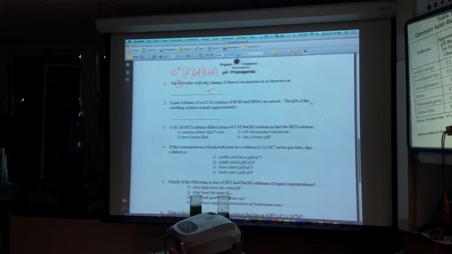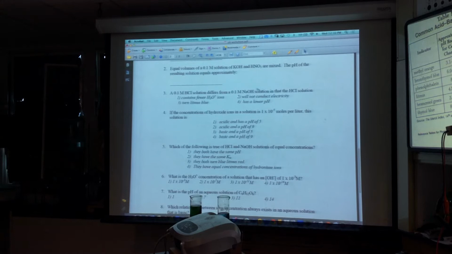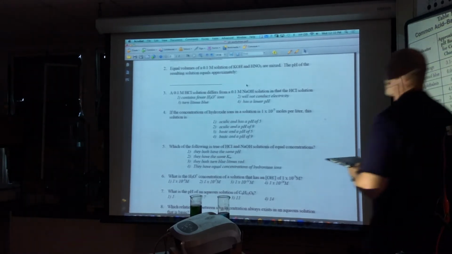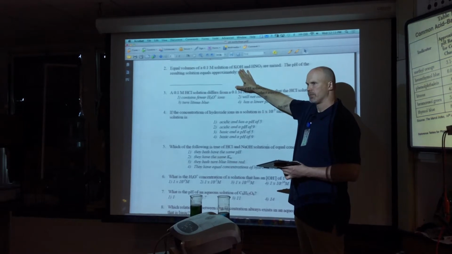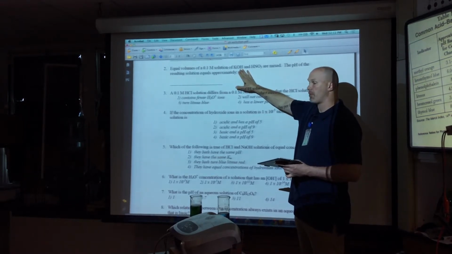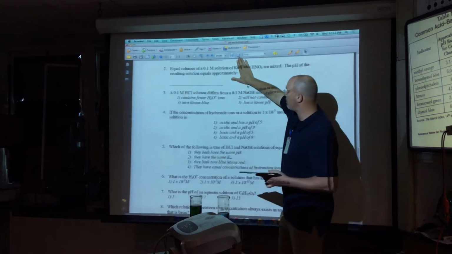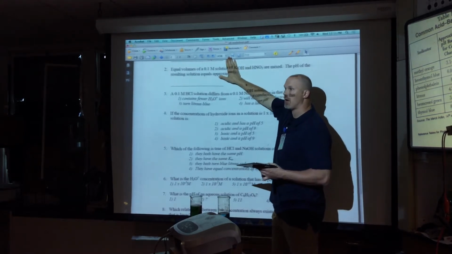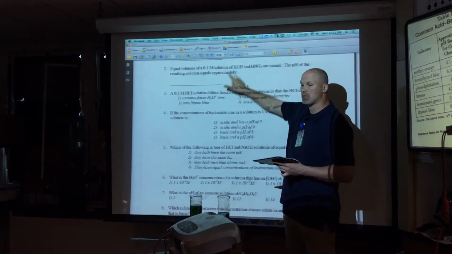Okay, now here come the real questions. Number 2: equal volumes of KOH and HNO3. At this point, you should be able to recognize what kind of compound KOH is. From previous units, it's a salt. It's ionic: K+ and hydroxide ions stick together. This specific type of salt, though, produces hydroxides.